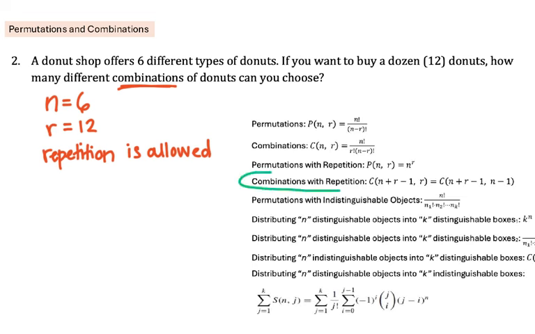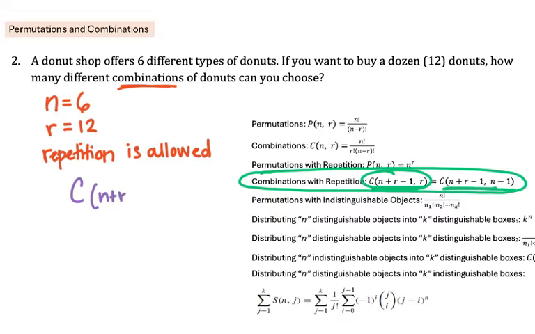Okay, we've got a combination with repetition. You'll notice 2 formulas. Either will work. I usually use this first one. And it says we're going to do the combination of n plus r minus 1, comma r. So in this case, it's going to be 6 plus 12 minus 1, comma 12.